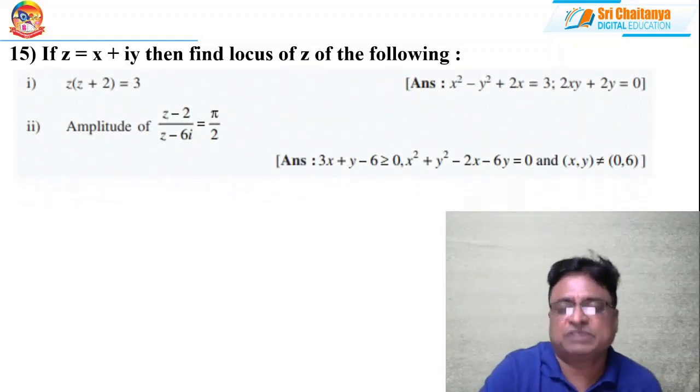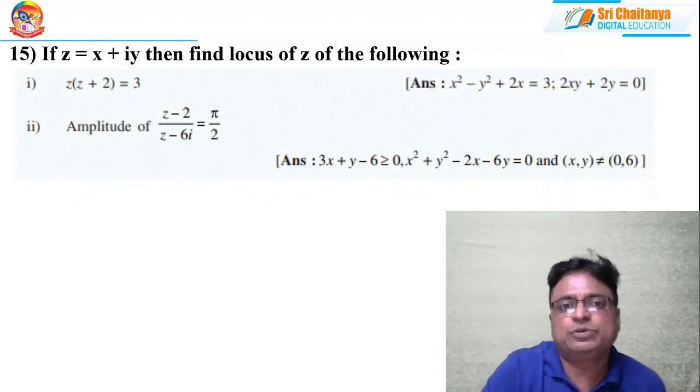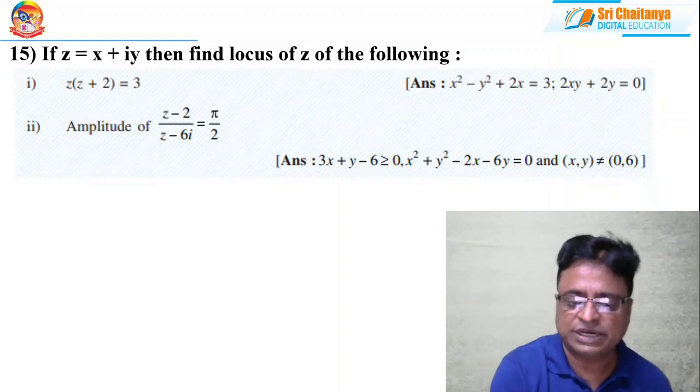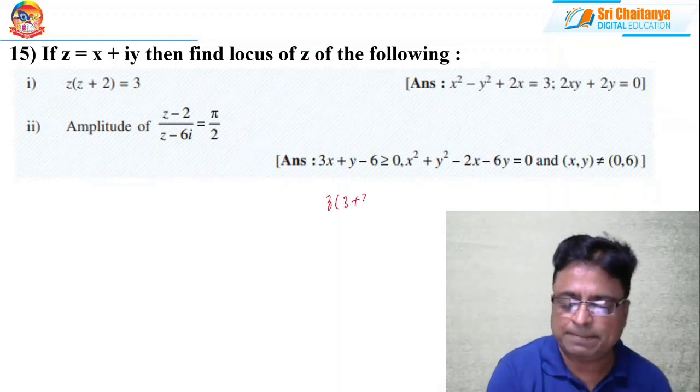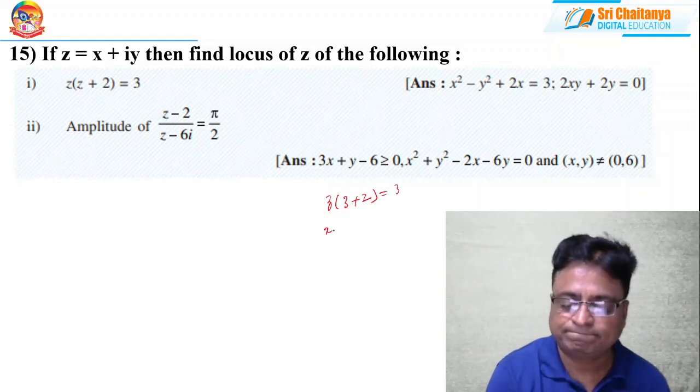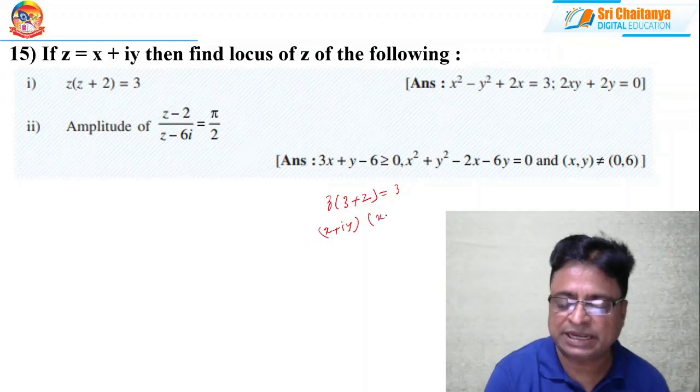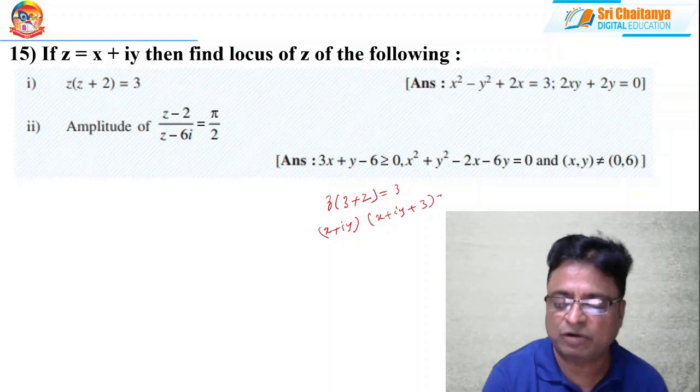Anyhow, see the question. z into z plus 3 equal to 2. Sorry, it is 3. Z is equal to x plus iy, so x plus iy into x plus iy plus 3 equal to 3.